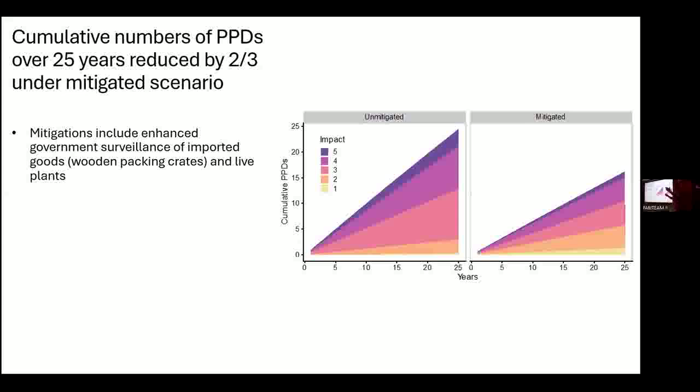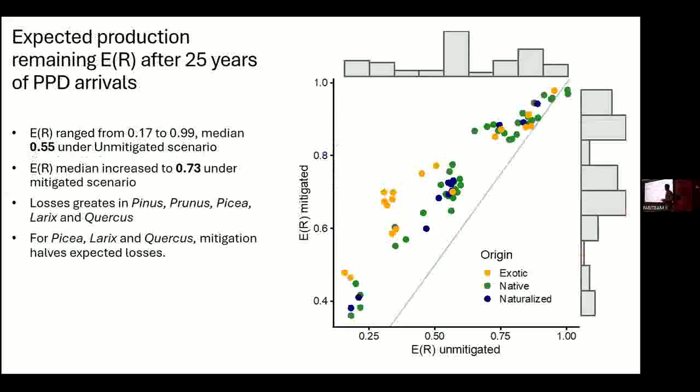The mitigations using our model, which again is just a hypothesis, reduce the arrival by about 30%. Good. And then once we've done all the multiplications, we can estimate the remaining production levels of each of our tree species under that scenario in 25 years' time.